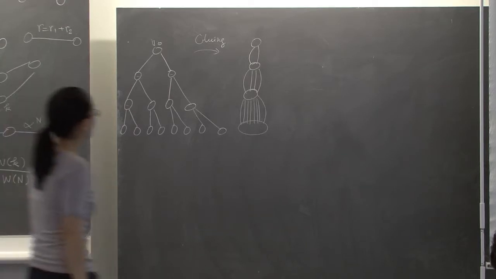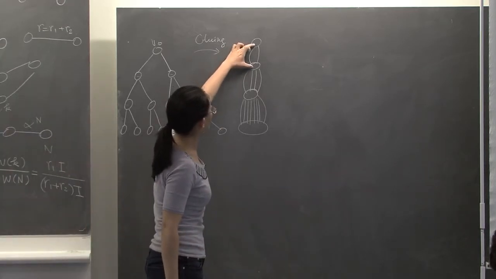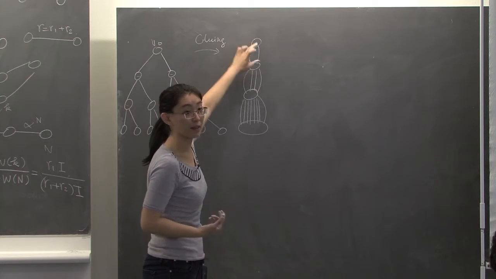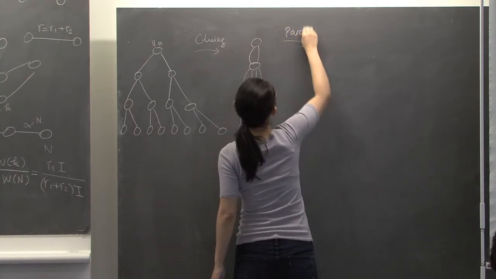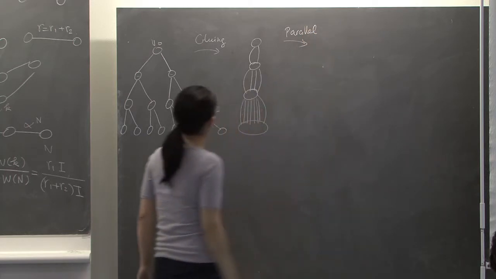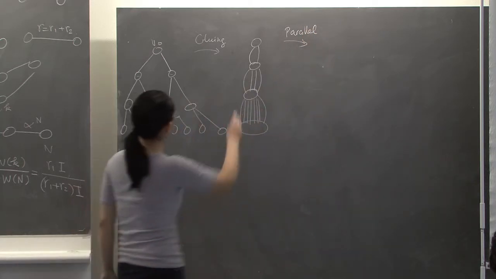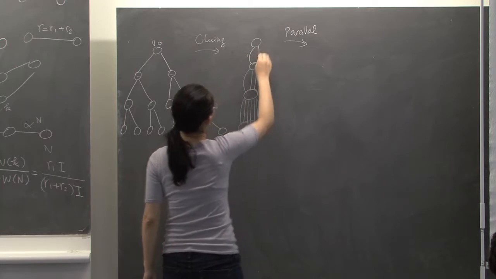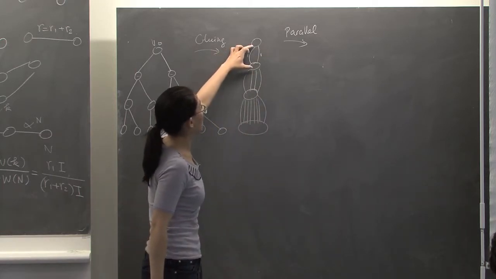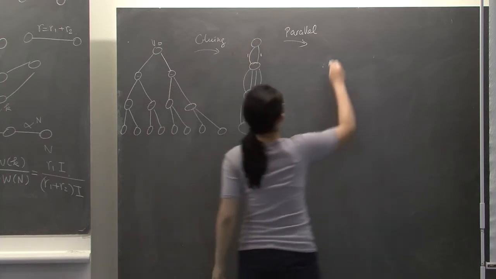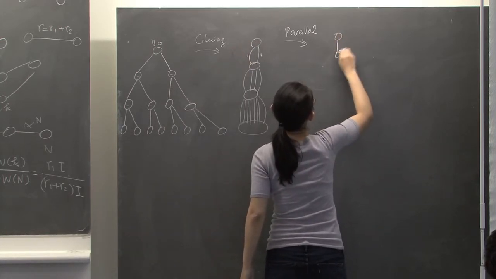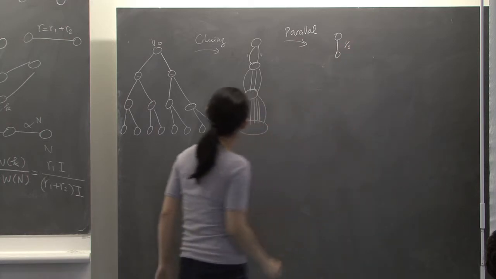And then for this pair of edges, we can apply the parallel law. So this is the unit resistance, and this pair of edges can be replaced by one edge, and the resistance becomes 1/2.